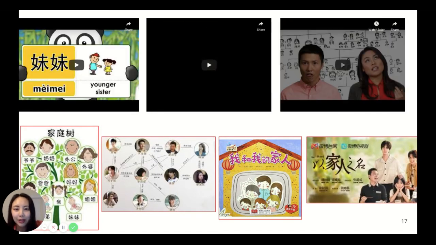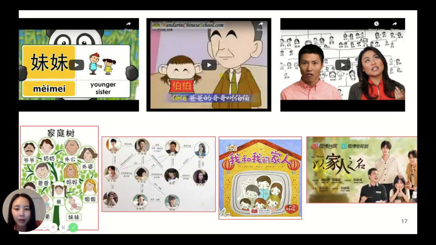And also, here is an example of what it looks like in a thematic unit. So when I think about the family unit, as you may know, the family members in Chinese are very complicated. We have so many family member names. So how can we make it easy for students so they can easily memorize this, or memorize whatever is important to them?